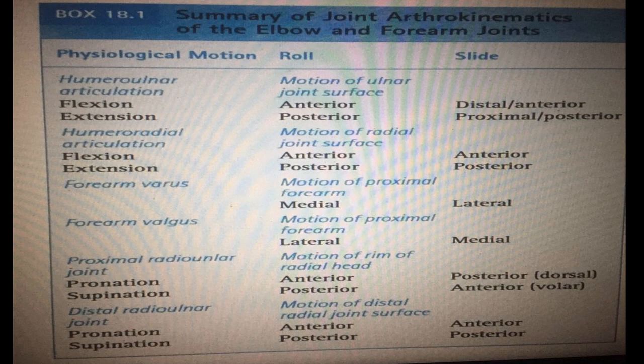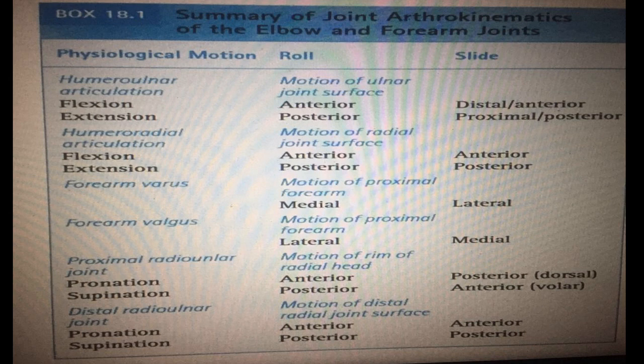So when there is pronation of the proximal radial joint, the motion of the rim of the radial head would be anterior, but the gliding, sliding occurring within the joint would be posterior. So it would be opposite as compared to the motion of the rim of the radial head.